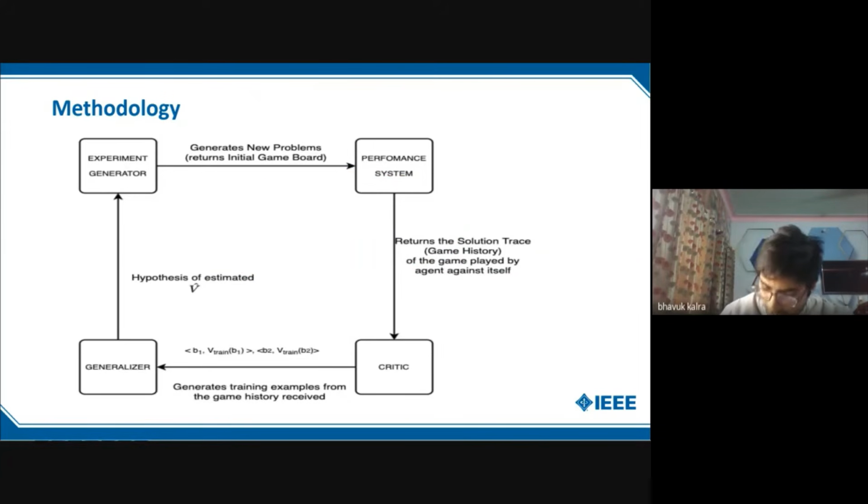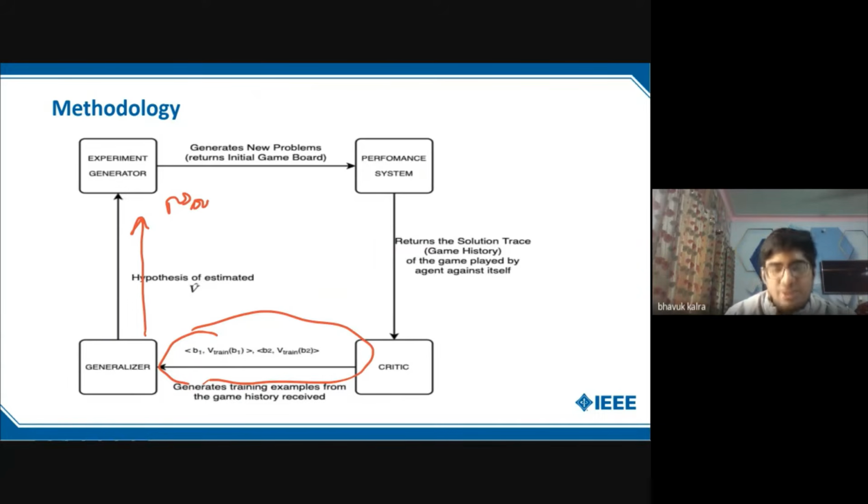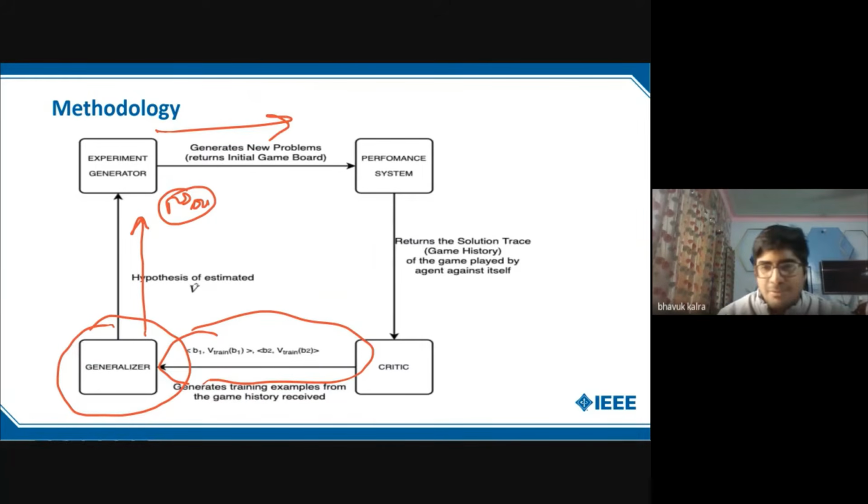After you have all the training examples with the utility values, you will try to hypothesize what the ideal target function should look like, what the ideal weight vector should look like. This is the role of the generalizer. Once you have some idea of how the feature vectors should look, a new experiment is generated, then again a game is played, then the feature vectors are optimized using the least mean square algorithm.